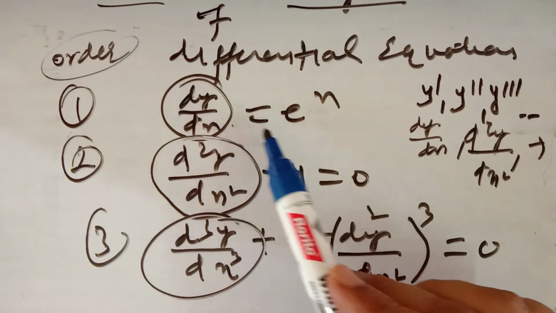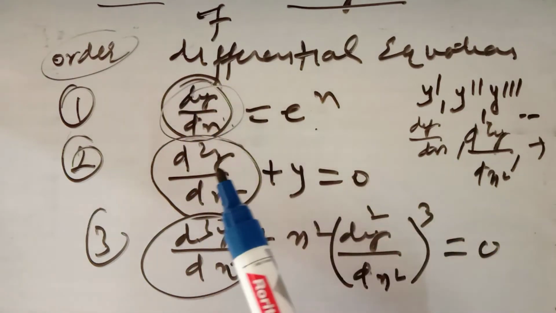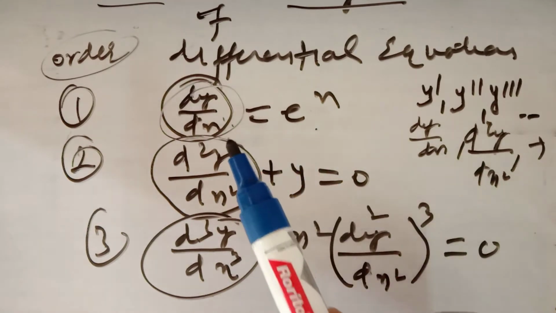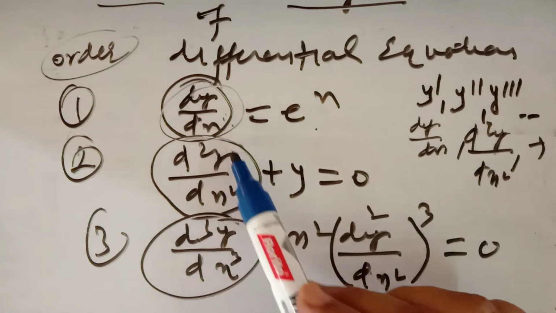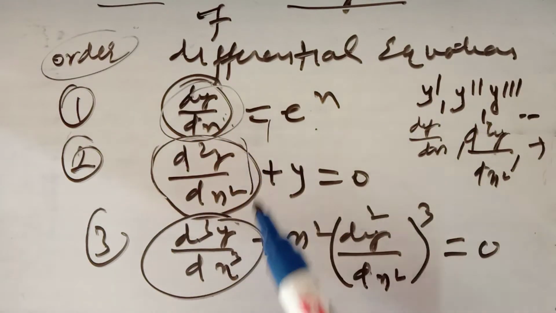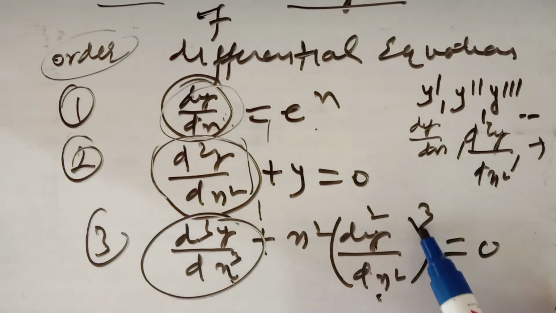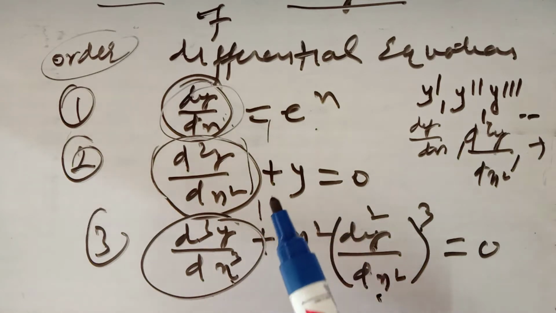Yes, it is a polynomial equation in terms of derivatives because it is y dash, the first derivative. For a polynomial, the power of the derivative should not be a fraction or negative. So its power is 1, the second derivative's power is 1, the third derivative's power is 1, and another second derivative's power is 3. So all these three equations are polynomial equations in their derivatives.